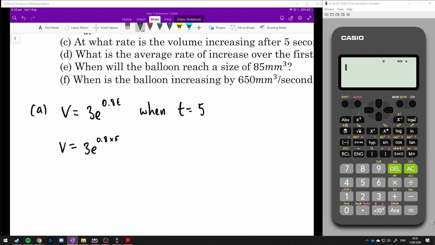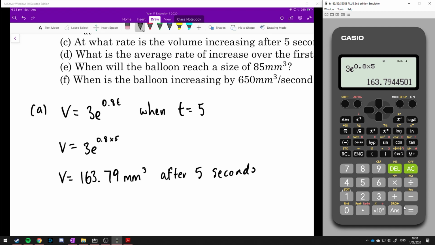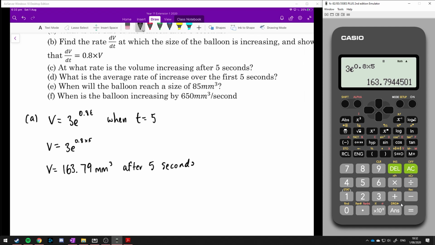We're going to put that into our calculator, because we're actually going to get a value back out. So V is equal to 163.79 to 2 decimal places millimeters cubed after 5 seconds. Okay, that's it. That's part A.